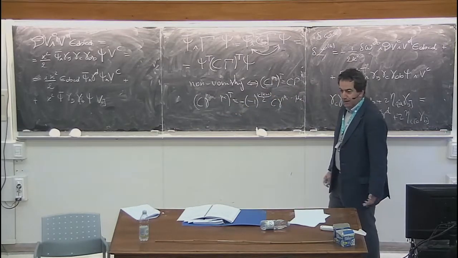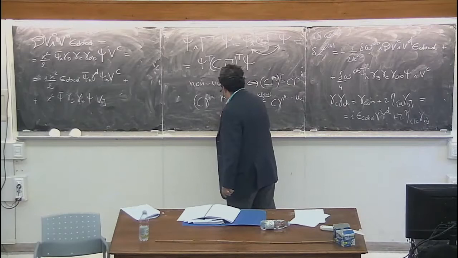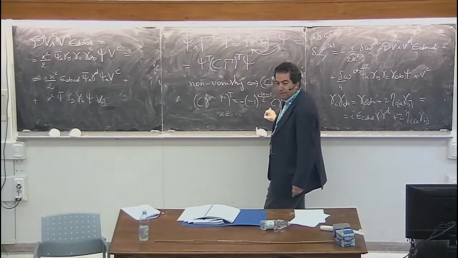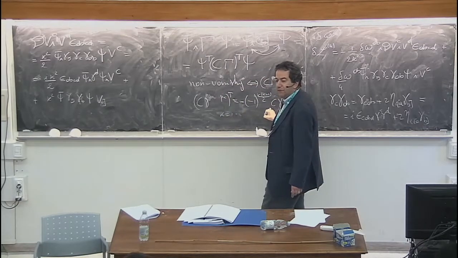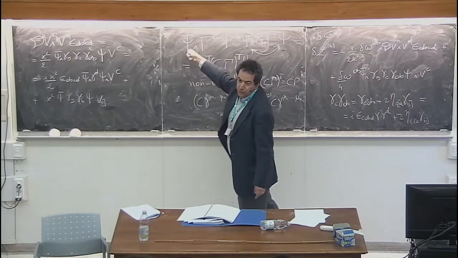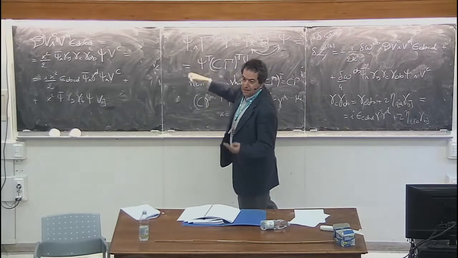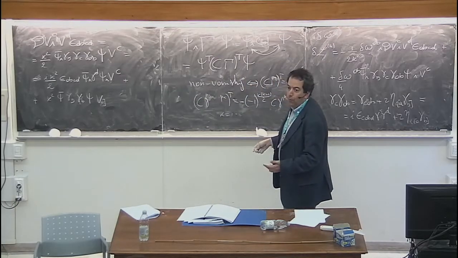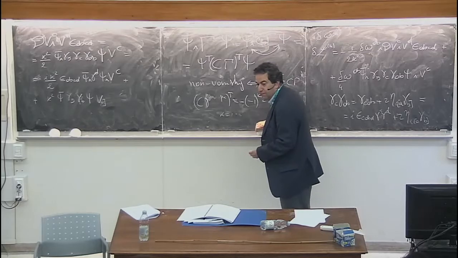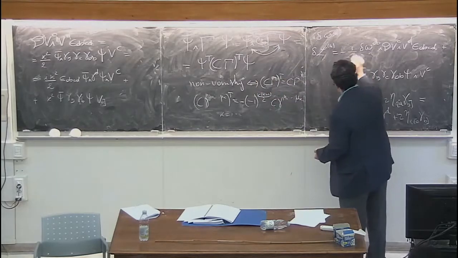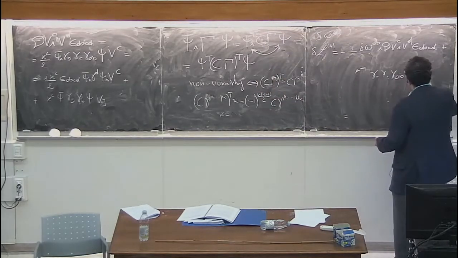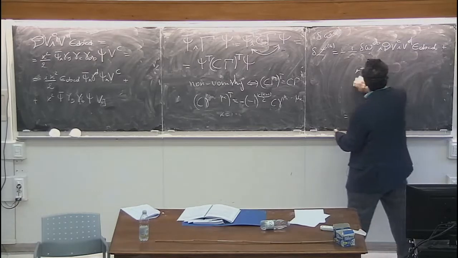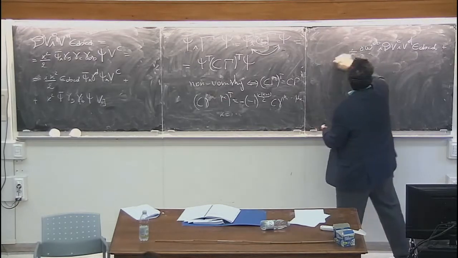So for instance, k equal to 1 is symmetric, so it's okay; it can live between two psis. k equal 2, yes. 3, no. And 4, no, because the corresponding matrix is antisymmetric.